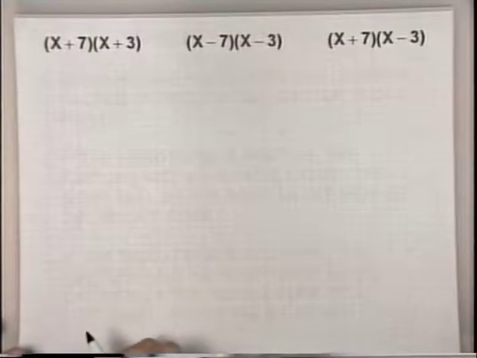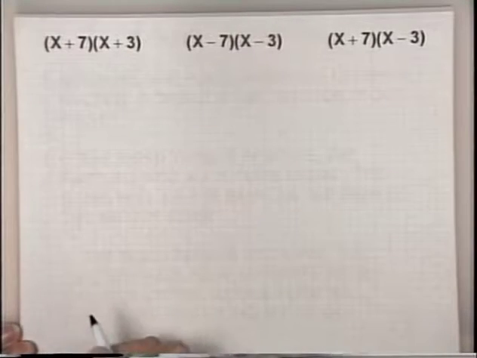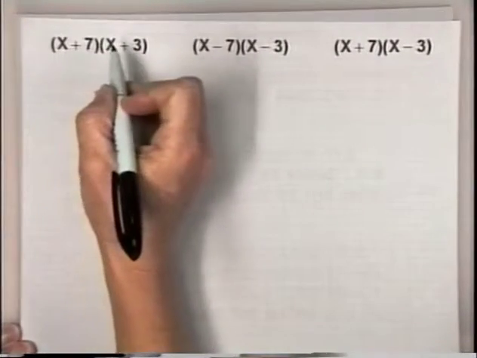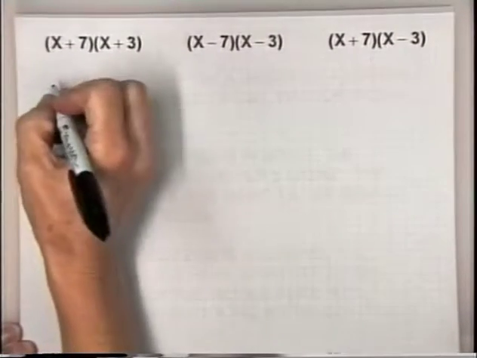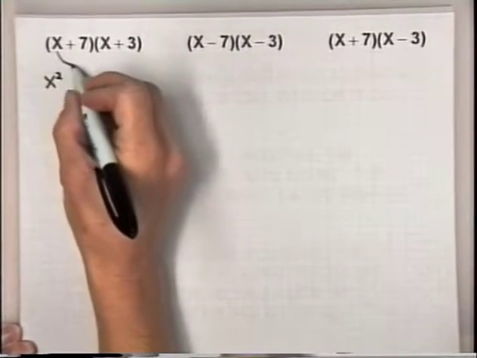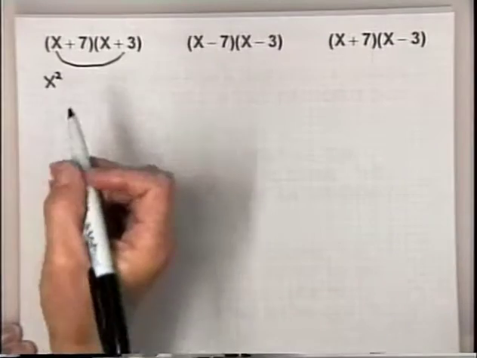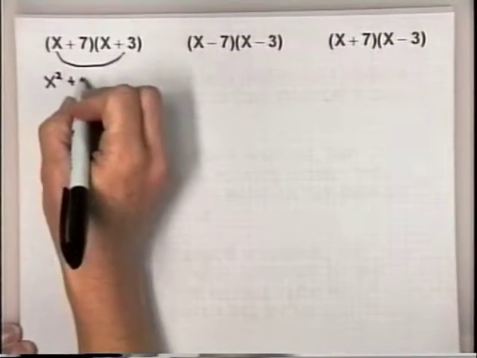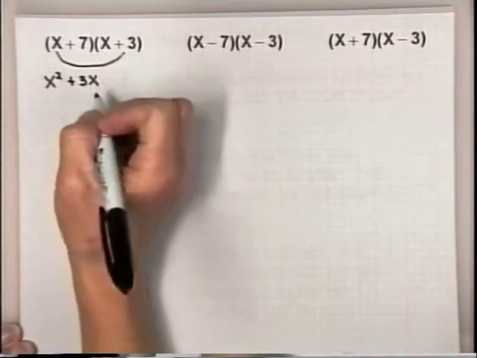You probably remember having learned to use the word FOIL to multiply 2 binomials. We'll use that here. F, for the first terms, multiply x times x, we have x squared. The outside terms are 3 and x. When we multiply those together, we have a positive 3x.